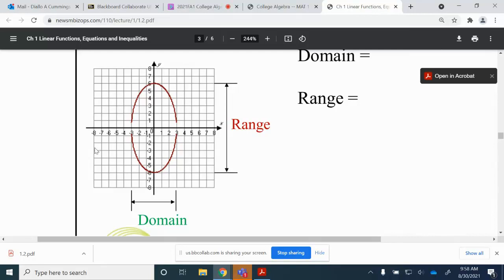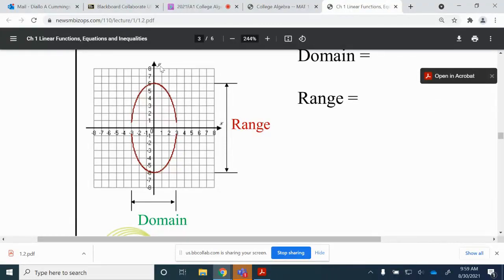Whenever you write out your interval notation solution, you must make sure that the leftmost coordinate is the smallest number. So for example, the range for this particular oval would be from -6 to +6.